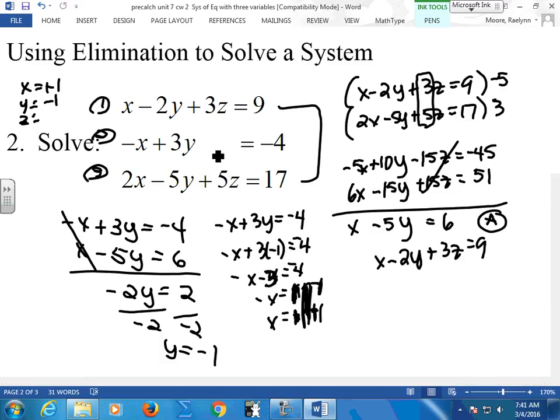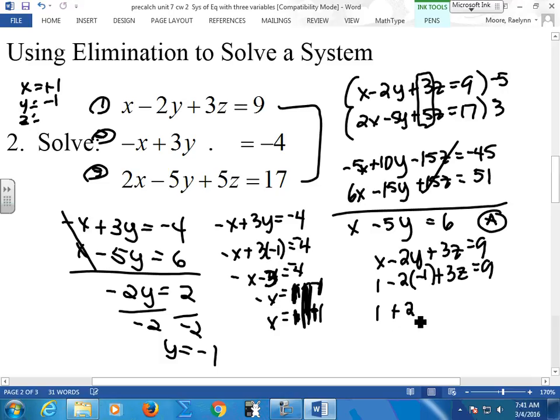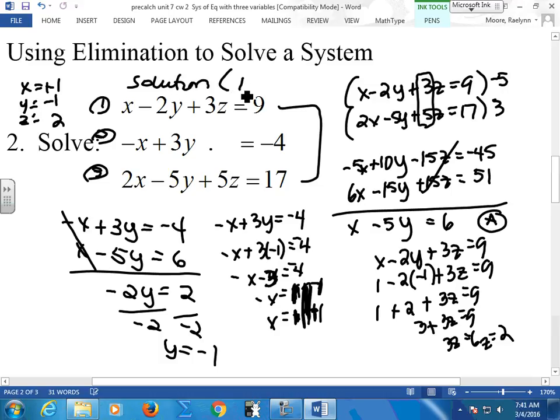If we use this one, and now we're using this one, the one we didn't use was equation 3. That's the one you want to check everything in. So now you're going to plug in your x. And get the last one. Okay, and again, your solution, write your solution in x, y, z.